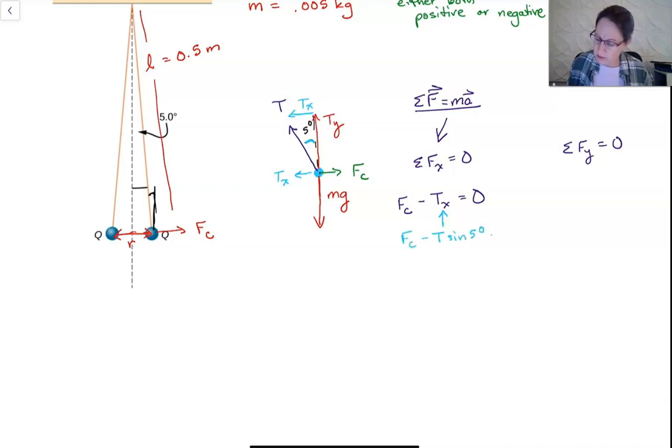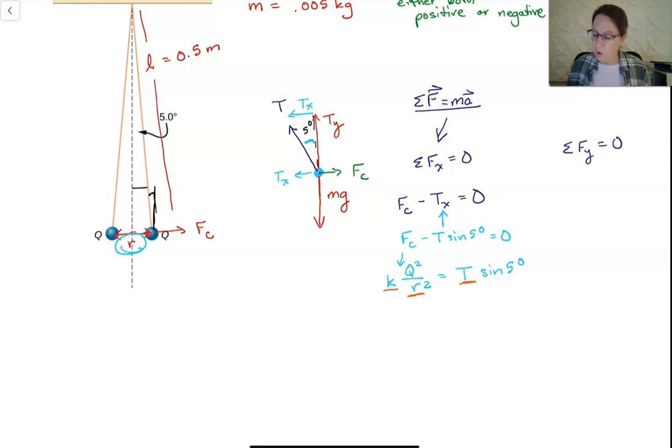My Coulomb force, which would be k q times q, so q squared, over r squared, where this is my r distance here, is equal to tension sine of 5 degrees. What I need is this distance between these two, which I can get from the geometry. K is just my constant that I look up.